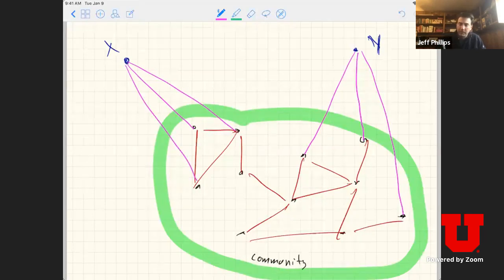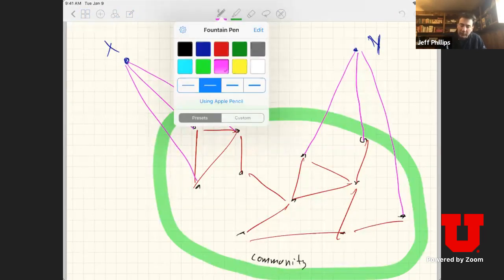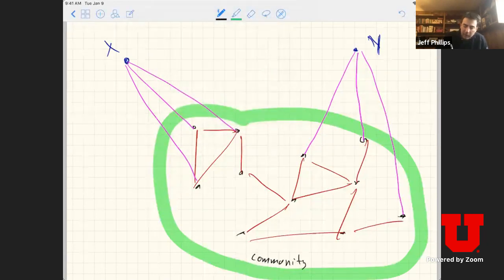With Xavier, all friends are so connected. And with Yolanda, no friends are so connected.